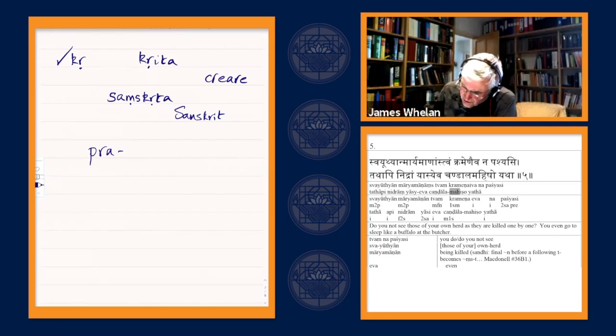Prakrit is the opposite. Sanskriti is the verbal noun of Sanskrita, just meaning putting together, composing, refining. Prakriti is the kind of opposite, meaning the pra, forth, out. Prakriti actually is an ordinary word meaning nature.